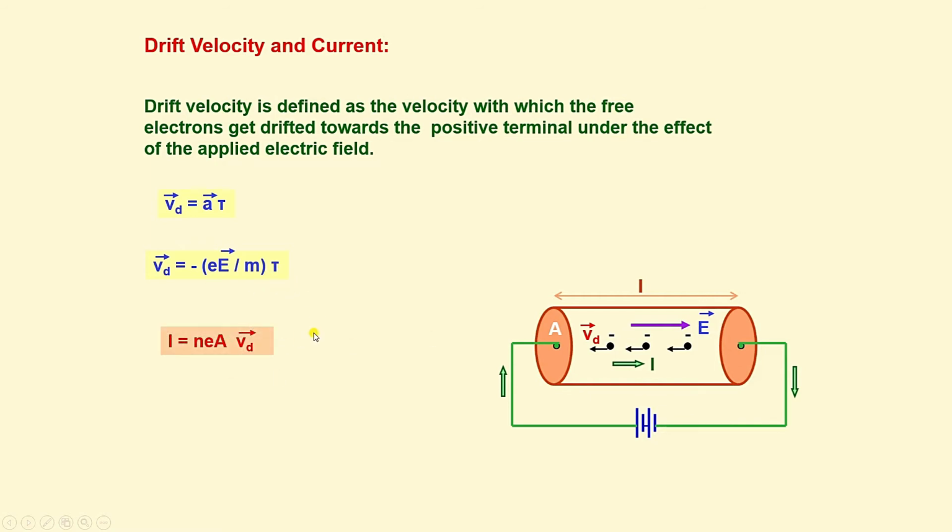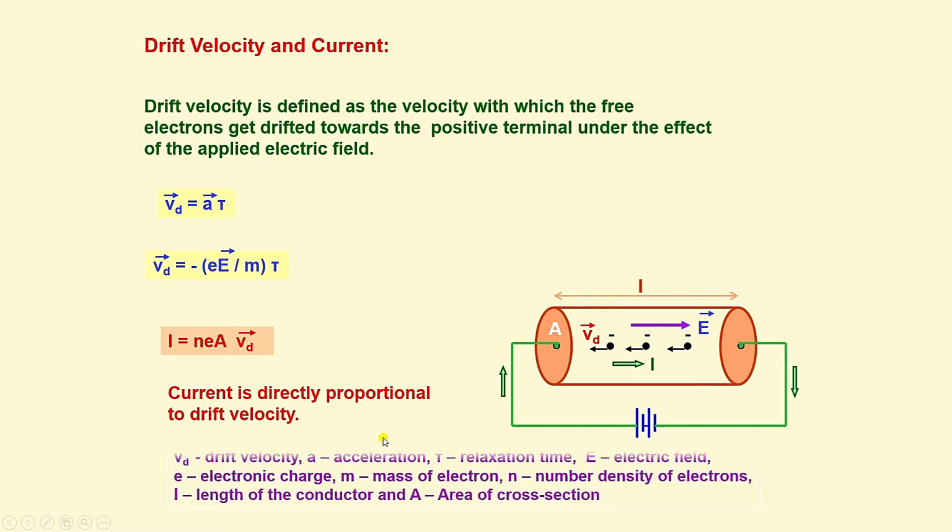The relation between the current and the drift velocity is I equal to nEAVd. Current is directly proportional to the drift velocity, since the number of electrons per unit volume remains constant, charge remains constant, and area of cross section remains constant. Then current I is directly proportional to the drift velocity.